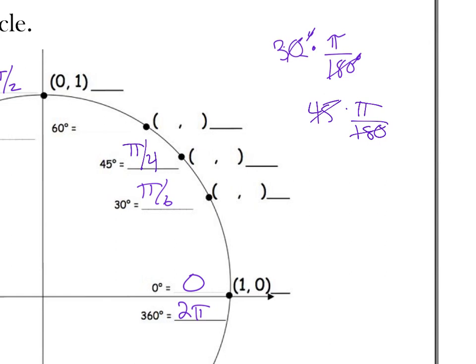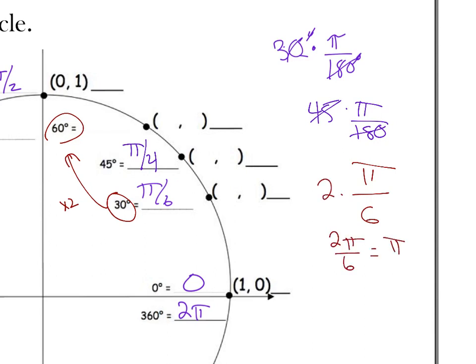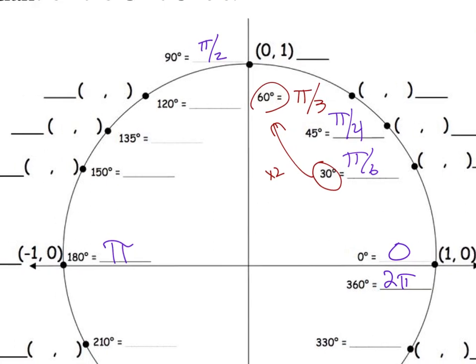So then 60 degrees, well, 60 is double 30. So instead of pi over 6, it's going to be double that. So it'll be 2 pi over 6, which simplifies to pi over 3. Now, when I keep filling that around, all I do is take my base and keep adding as I keep going.